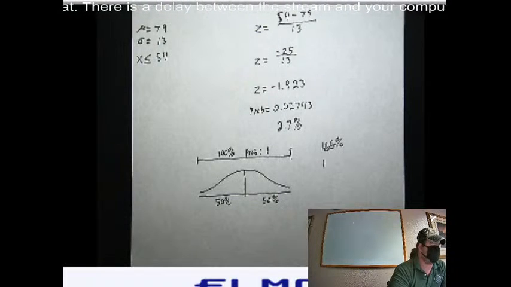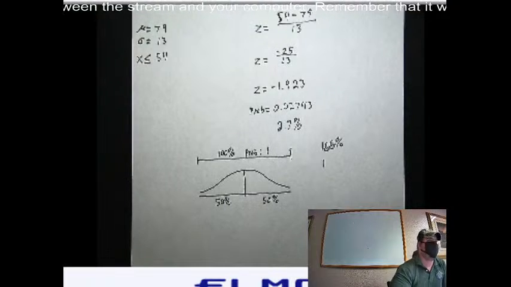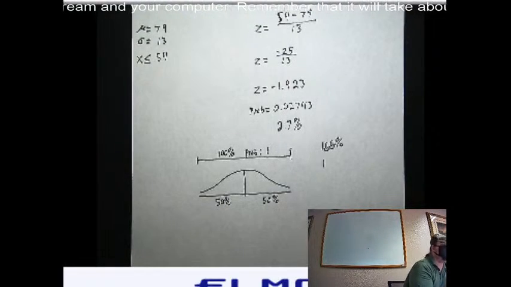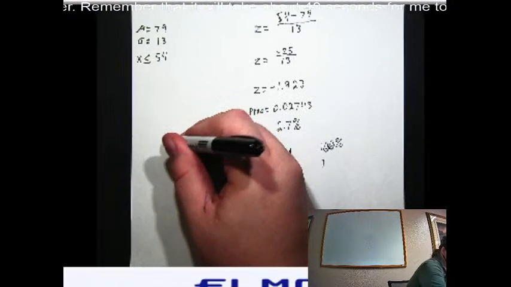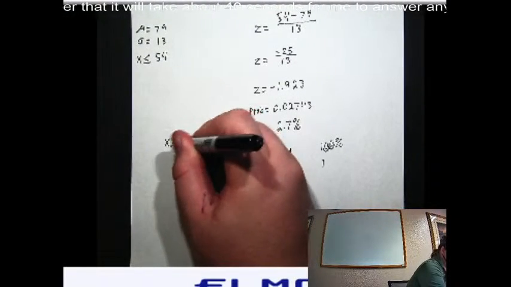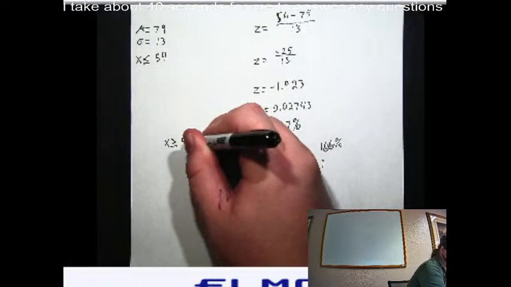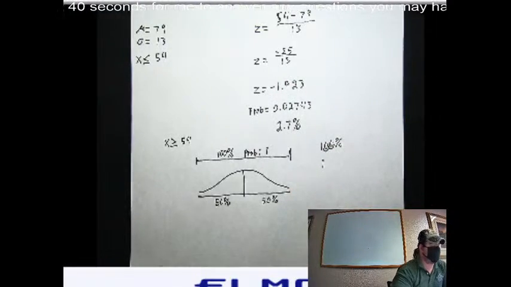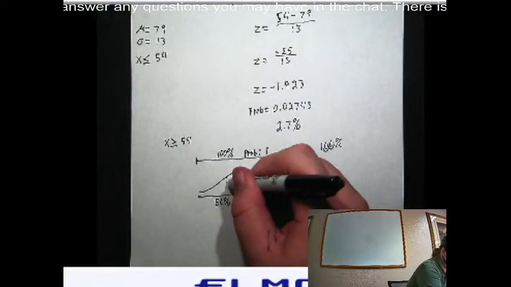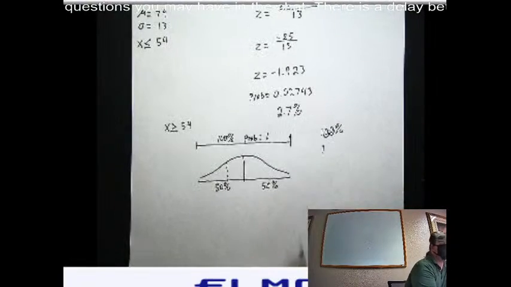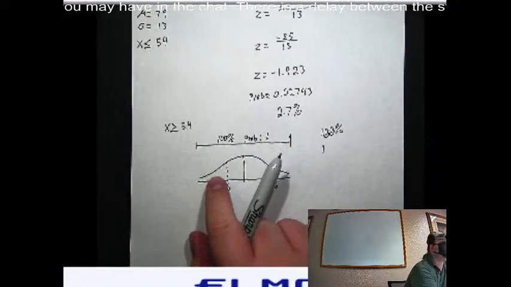Okay. So let's say that we don't want to know less than or equal to 54. We want to know x is greater than or equal to 54. So what we found before was this area.